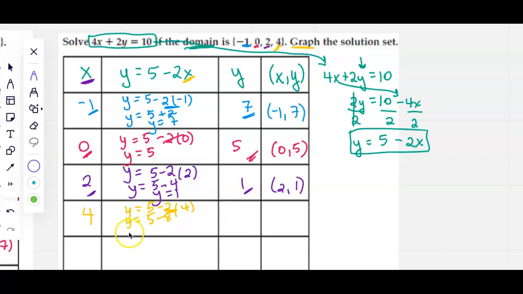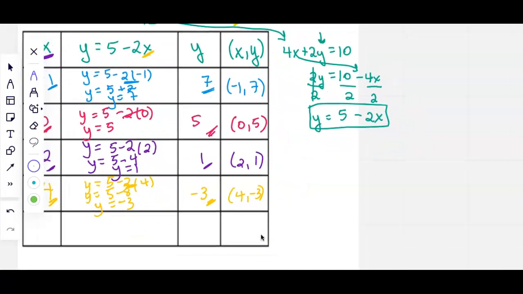Now lastly, 5 minus 8 is negative 3. So our y value is negative 3. And now we write our ordered pair as 4, negative 3. This one looks like I also made us an extra spot on the table. That's okay. But now we have these 4 ordered pairs here.